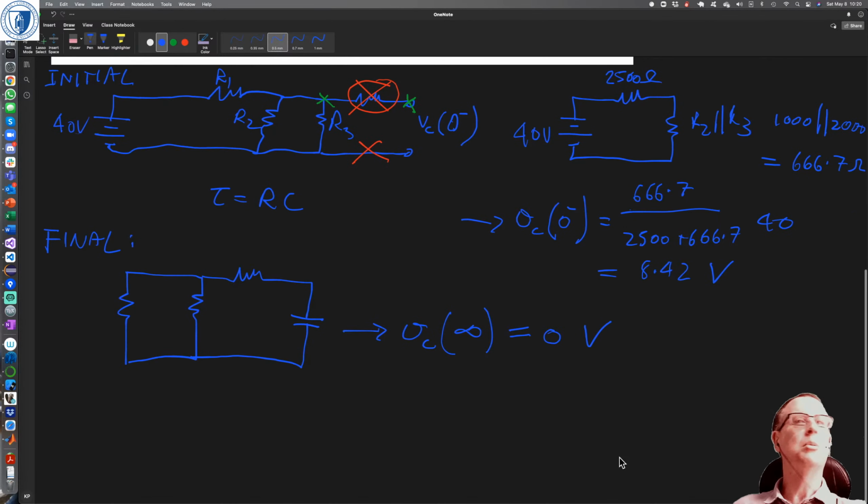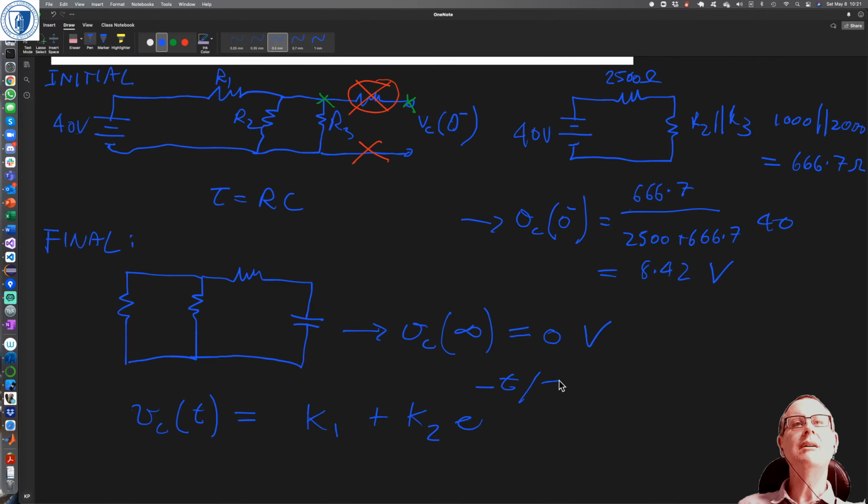Remember the thing we're trying to fit is Vc as a function of time is K1 plus K2 e to the minus t on tau, and there's our tau there.